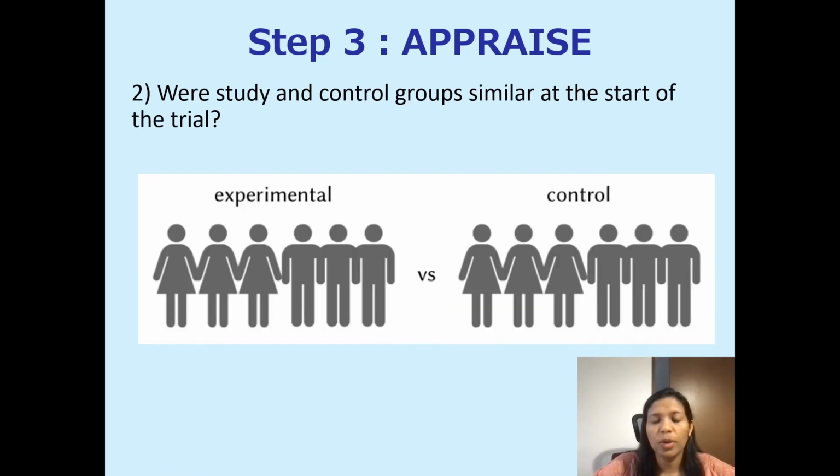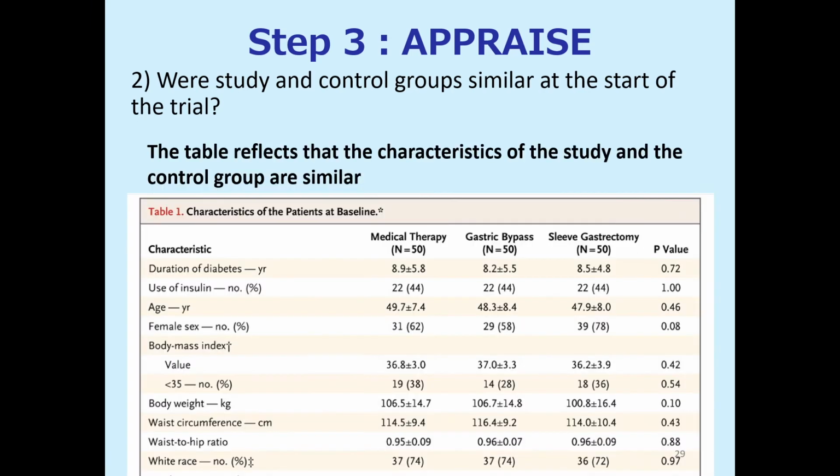The second question is, were the study and control groups similar at the start of the trial? When reading this paper, this table reflects that the characteristics of the study and control groups are similar. Here you can see the characteristics and the number of participants in each group.